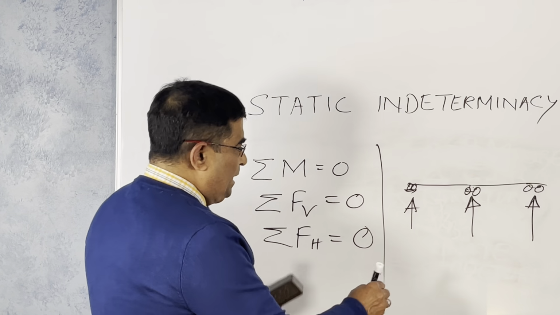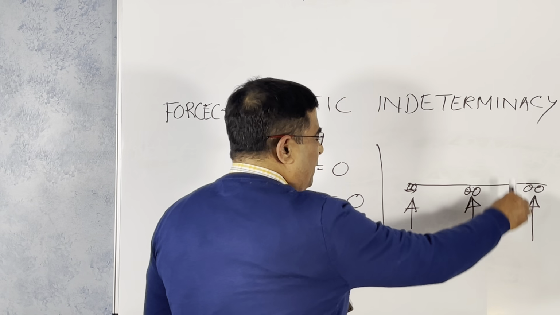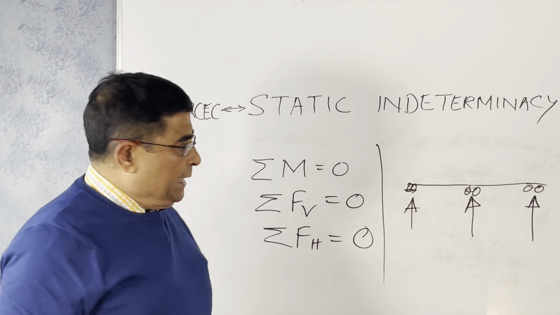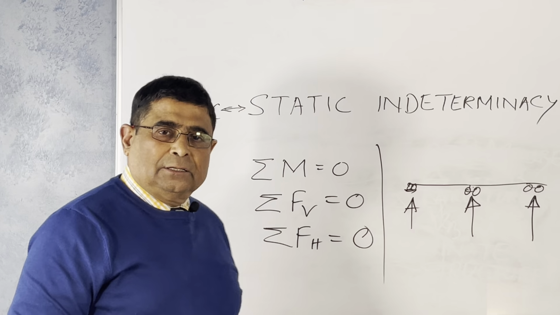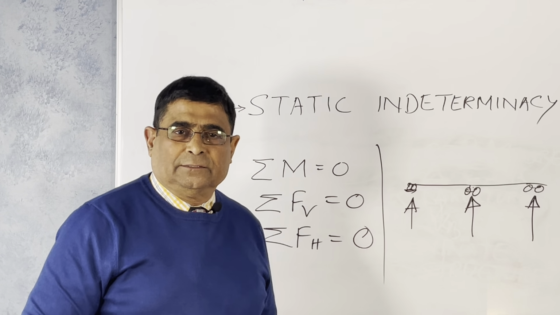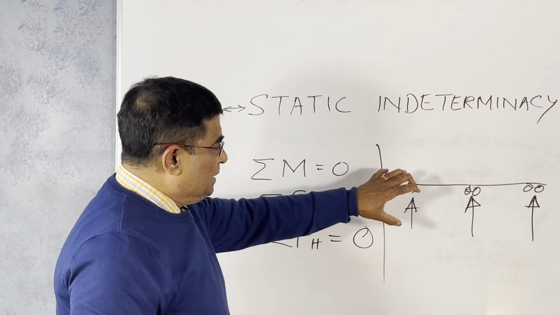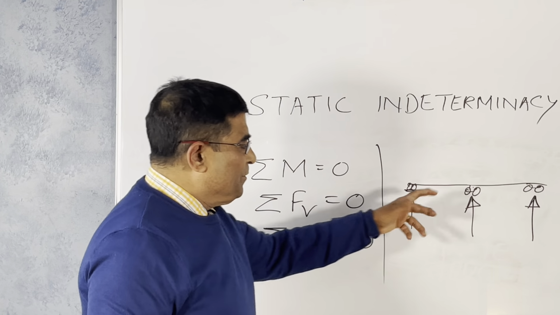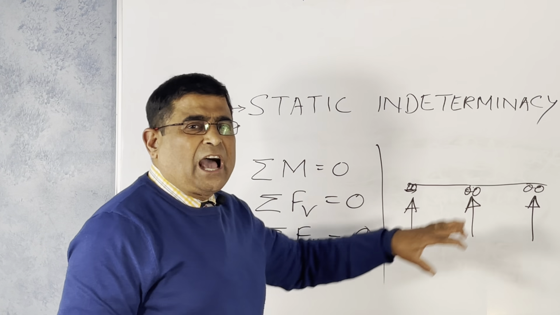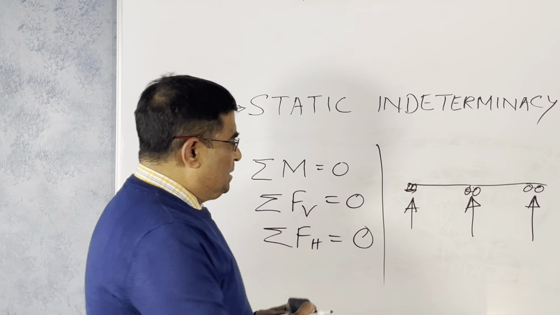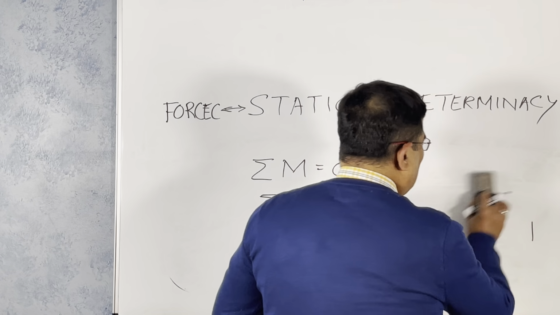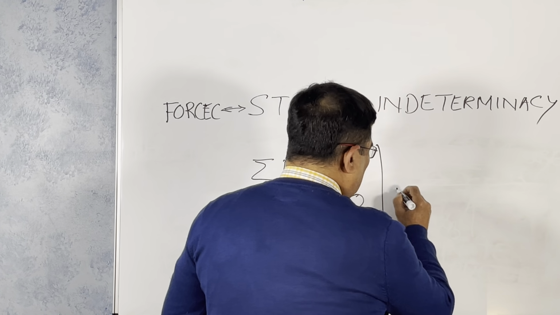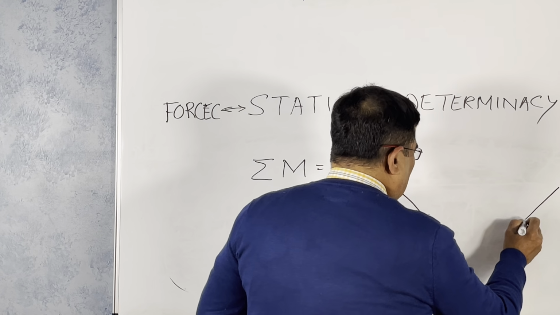That means if the reactions are parallel, then this condition doesn't satisfy. Even if you calculate, it is not a stable structure. It's an unstable structure. Similarly, there is another condition. If the reactions are concurrent, that means they are meeting at a point.